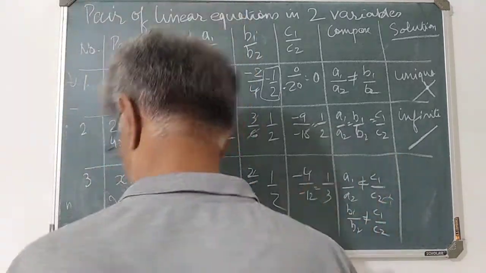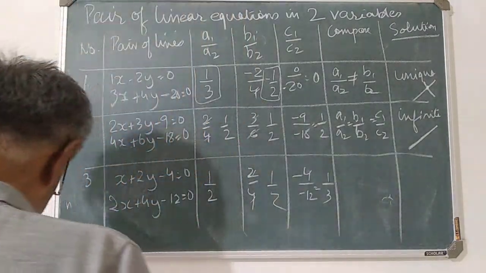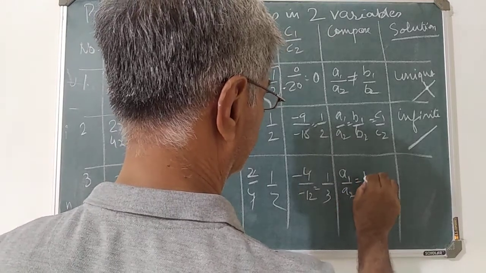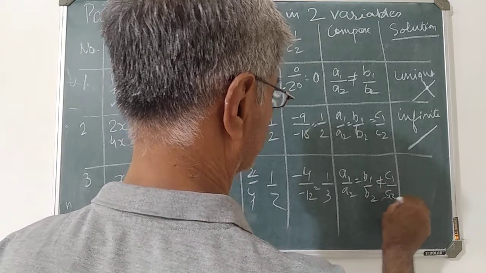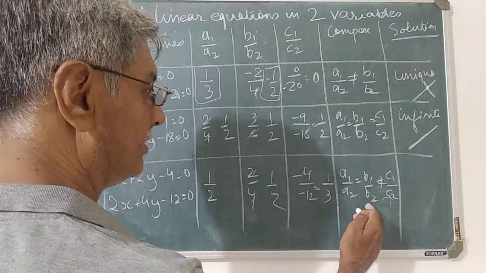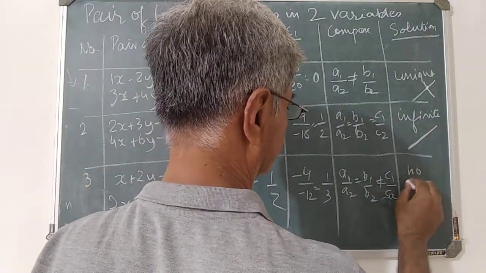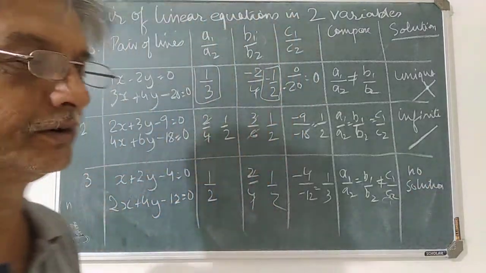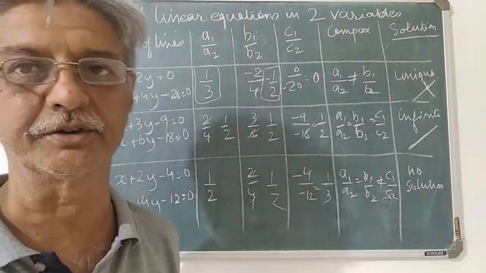You can write that a1 upon a2 is equal to b1 upon b2 is not equal to c1 upon c2. See, here it is equal to, here it is not equal to. Then you have no solution, or it is inconsistent. The first two are consistent, this one is inconsistent.